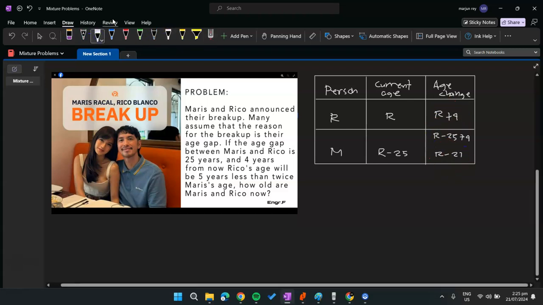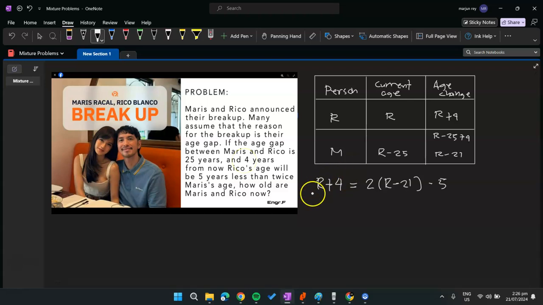So to write that one, we are going to have the Rico after 4 years, and then 5 less than twice. So we are going to write twice of Maris as 2(R minus 21) minus 5. So again, that is 5 years less than twice Maris' age. And then we're just going to solve.